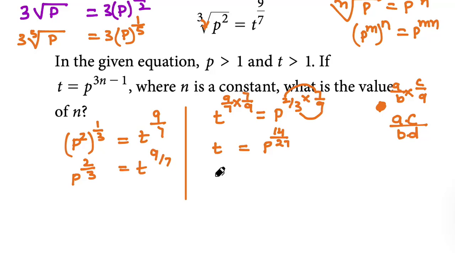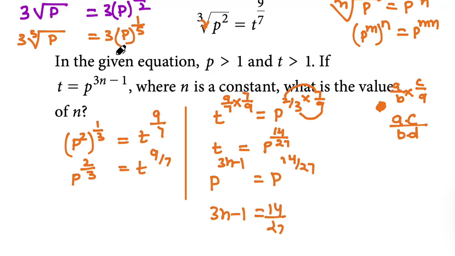So in the question it is p to the power 3n minus 1 and we have p to the power 14 over 27. Now one more rule of exponents is used: when bases are the same on opposite sides of the equality, then powers can be equated.